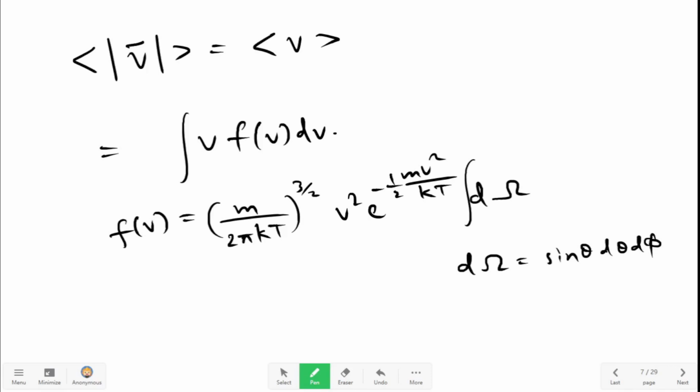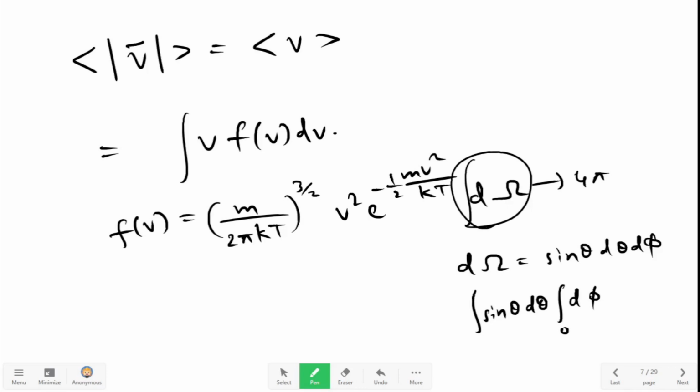If there is no angular dependence, no theta dependence or phi dependence, in the quantity whose average we want to calculate, then the integral of d omega will be equal to 4 pi, because we know the integral of sin theta d theta, with theta ranging from 0 to pi, times the integral of d phi from 0 to 2 pi, is equal to 4 pi.